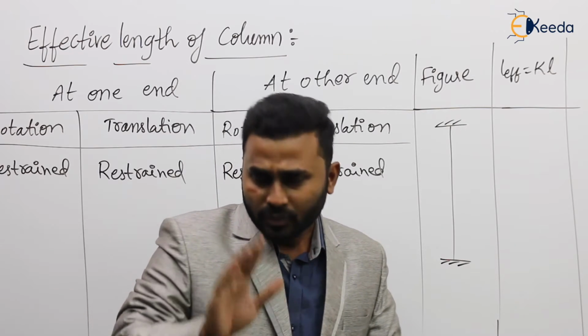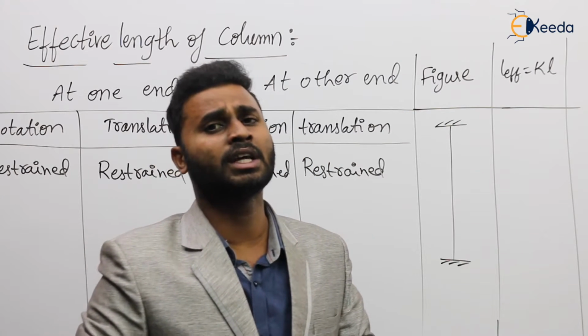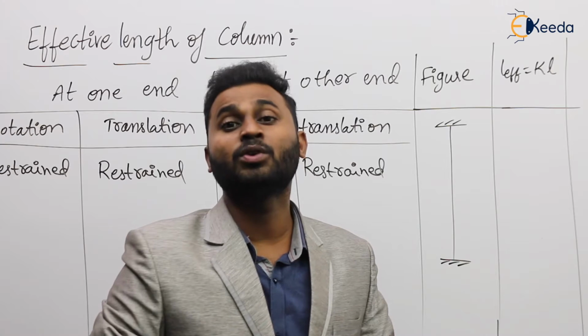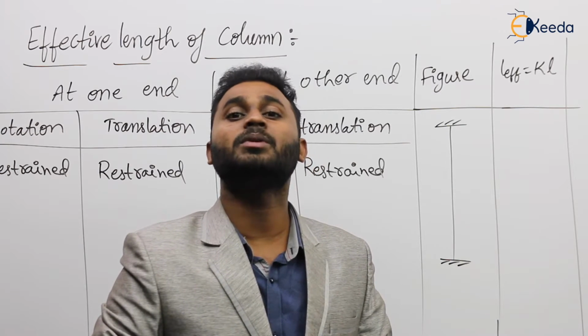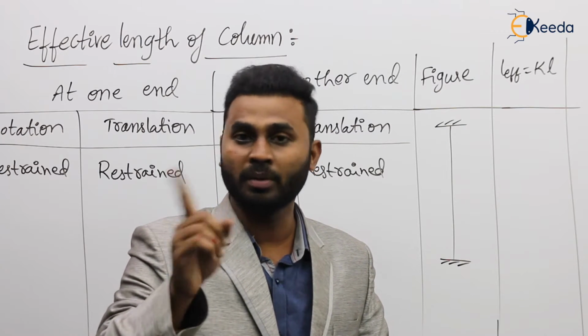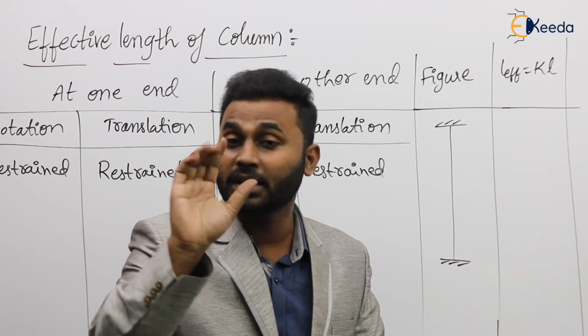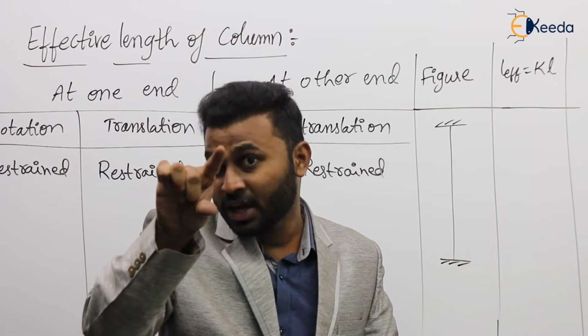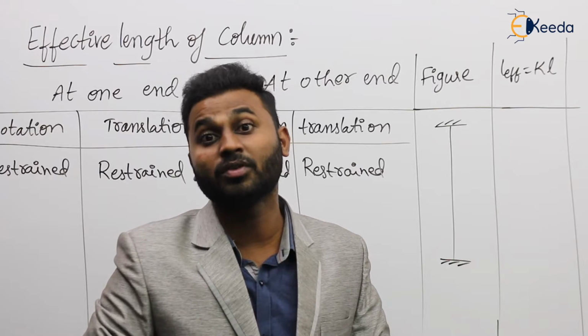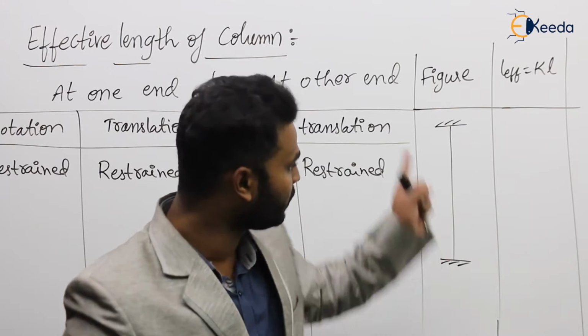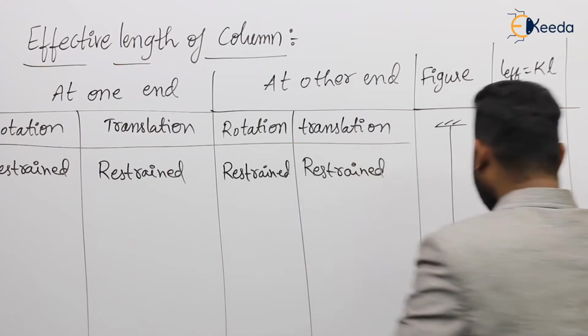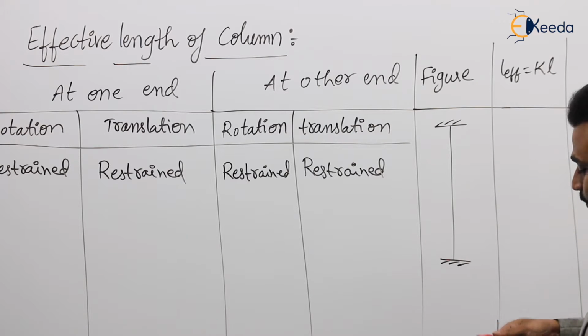So what is the definition of effective length? It is the distance between two points of contraflexure, or the distance between the zero moments, or the distance between the points where curvature changes. If we see here, how is the deflected shape in this case?